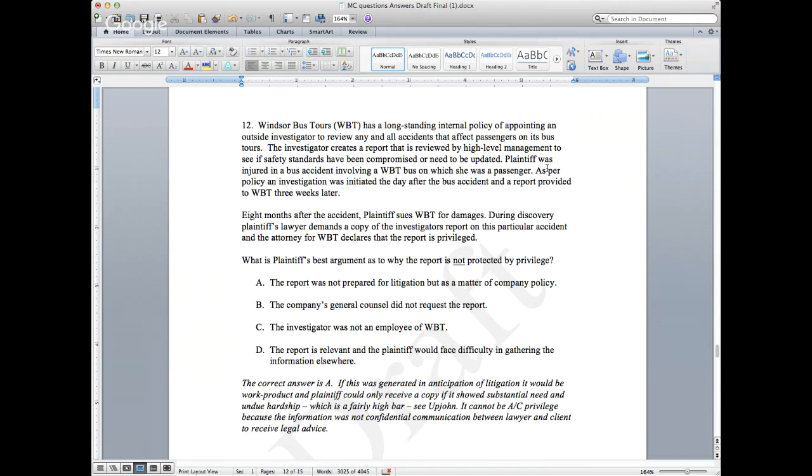So this seems like a pretty tight business record. This is something they do all the time, a long-standing internal policy that they always follow in these situations. Plaintiff was injured in a bus accident involving a WBT bus on which she was a passenger. As per the policy, an investigation was initiated the day after the bus accident.